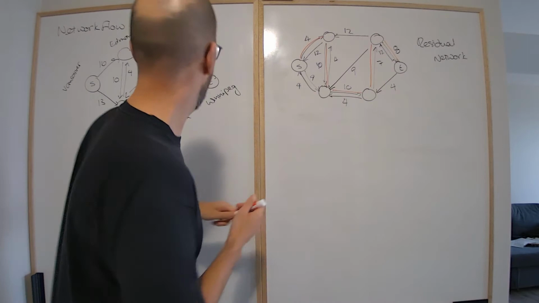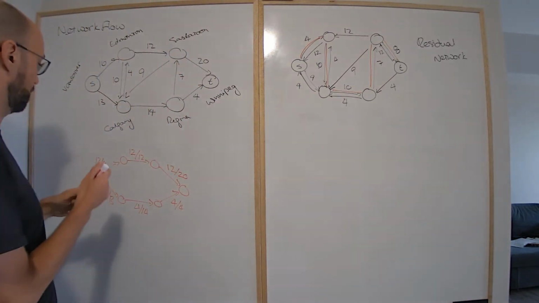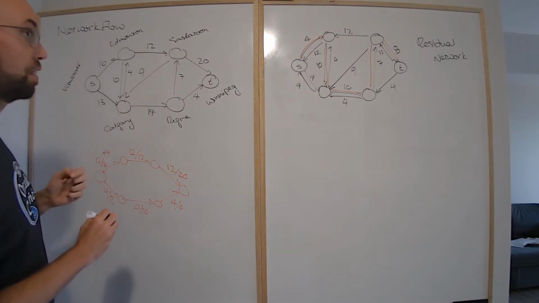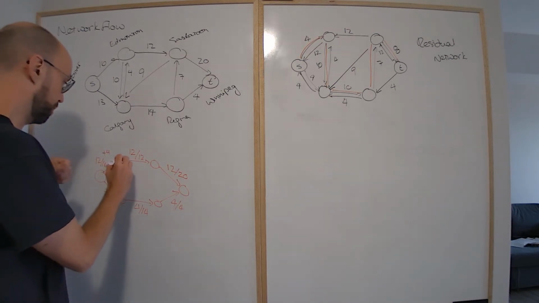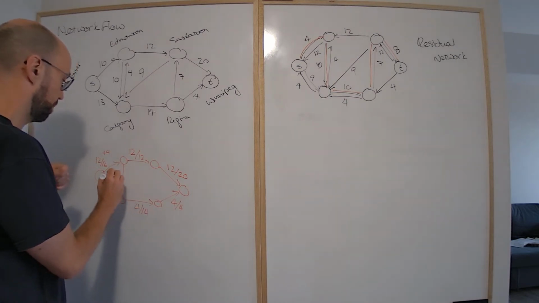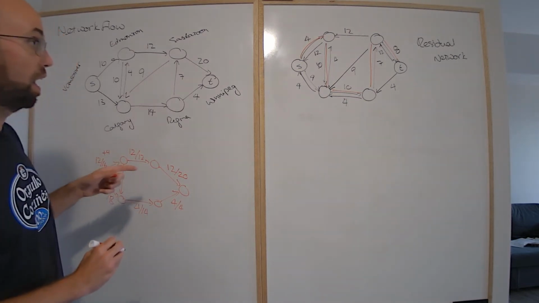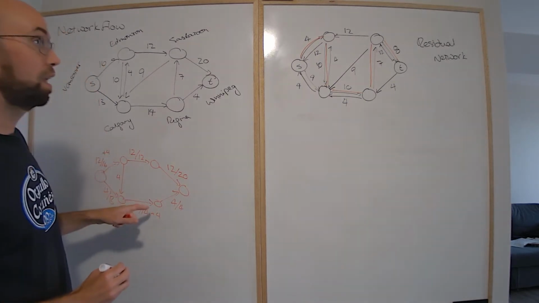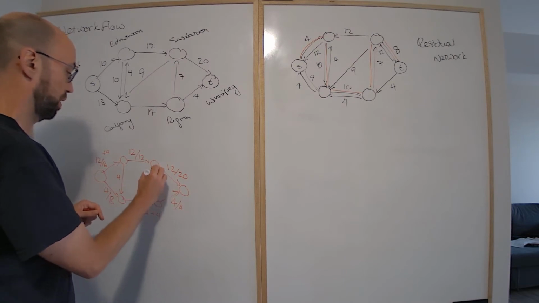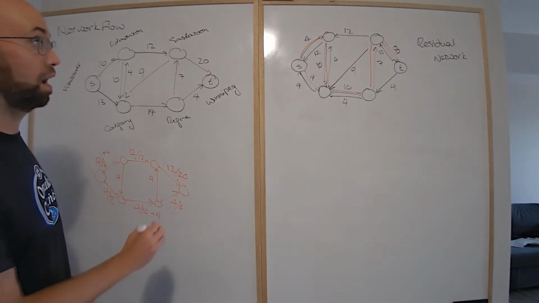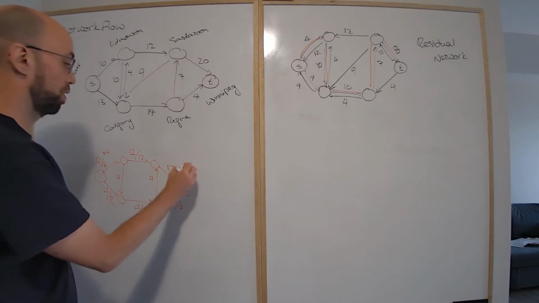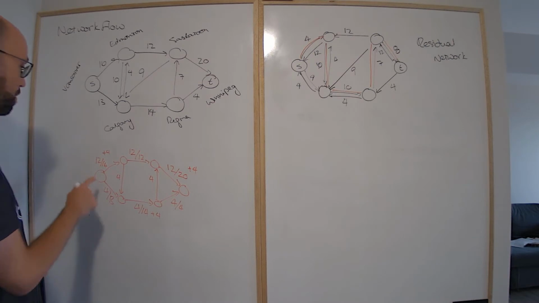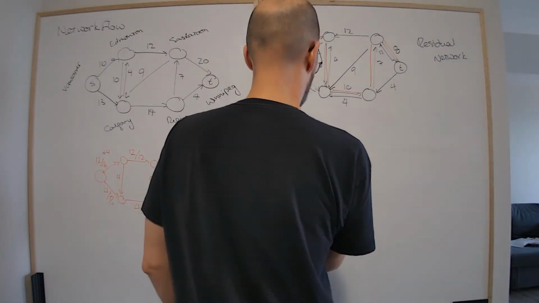So we're going to add 4 here. And then we're going to add 4 going this way. And then we're going to add 4 going this way. And then we're going to add 4 going like this. And then we're going to add 4 here. Okay, so now I'm going to draw this.